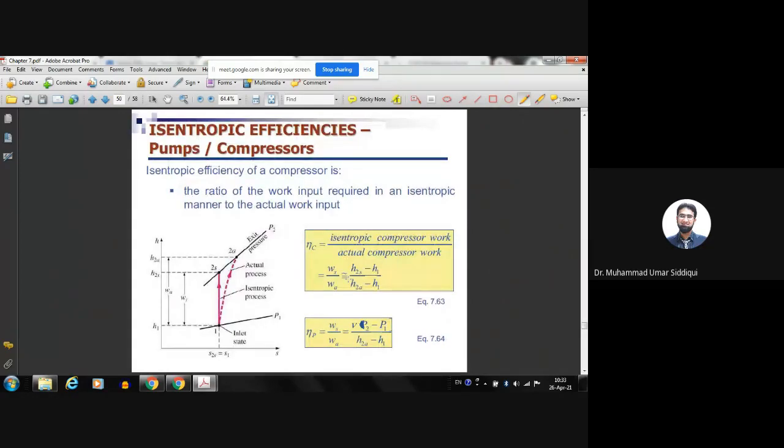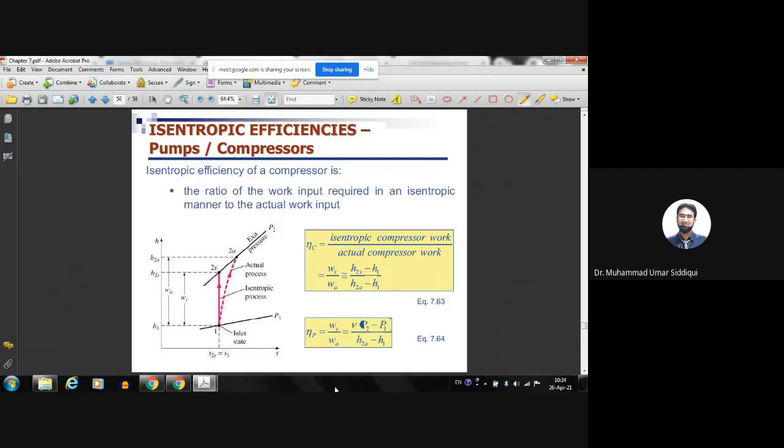Okay, so next thing is the case of isentropic efficiency for the case of the pump or the compressor. It's the same analogy as we have used for the case of the turbine. So the compressor or the pump is exactly opposite to the turbine. The turbine uses the high pressure and converts the pressure energy into work out.